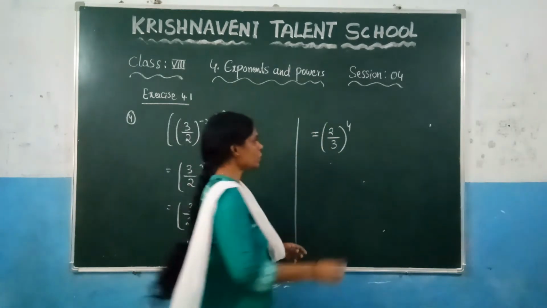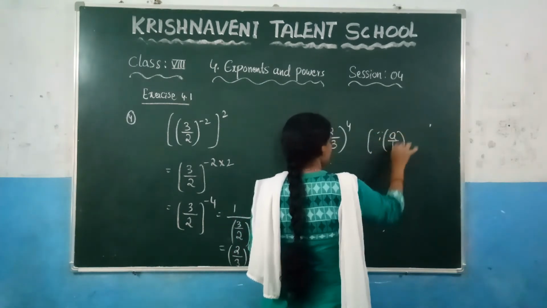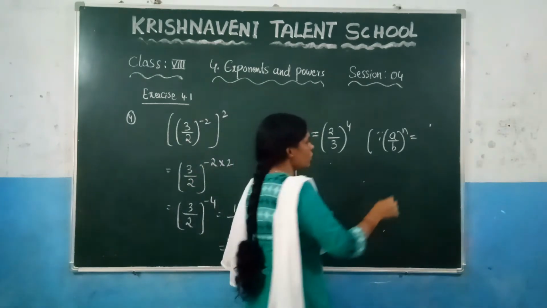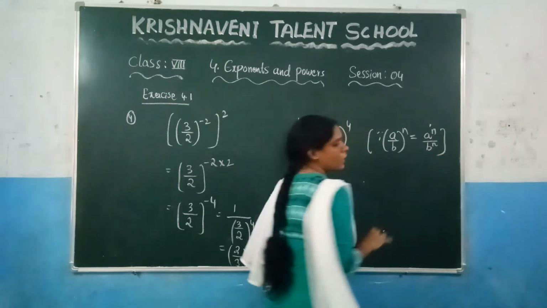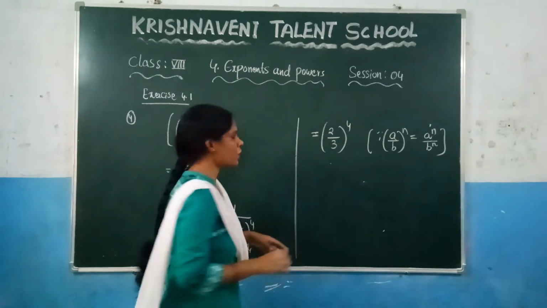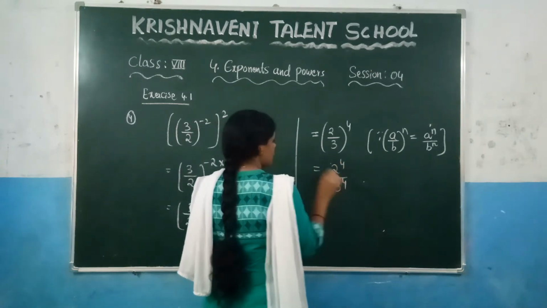That means you know that what is the identity for a by b whole power n? That power is applicable to both of the numbers. So which is nothing but a power n by b power n. Now you can write this one as 2 power 4 by 3 power 4. So write it here 2 power 4 by 3 power 4.